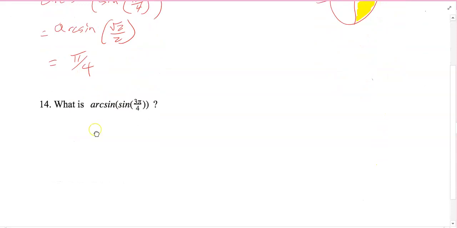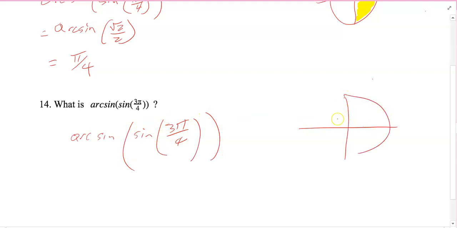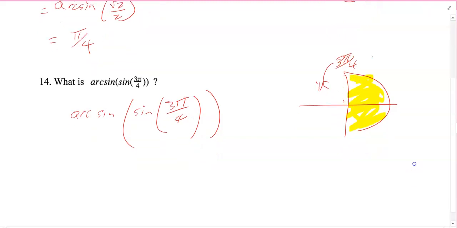What about the arcsine of the sine of 3 pi over 4? Because 3 pi over 4 does not live in your restricted domain, because 3 pi over 4 is here in quadrant 2, it's outside of the restricted area. So this will not be 3 pi over 4.